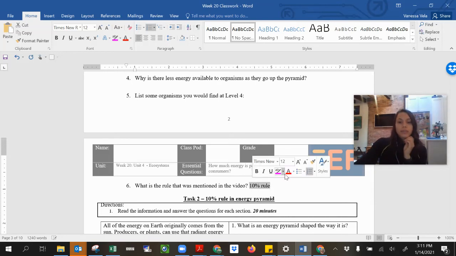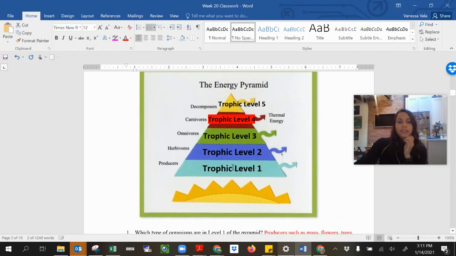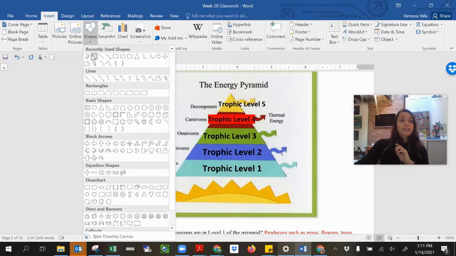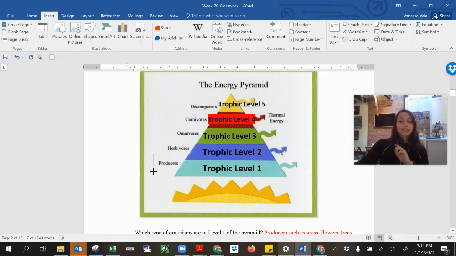This 10% rule is the reason why energy is lost at each level, why the energy that goes passed on to each organism is a pyramid. Because say the producers have like 100% of energy. Well, the herbivores, how much energy do you think that they're going to get if the producers have 100%?